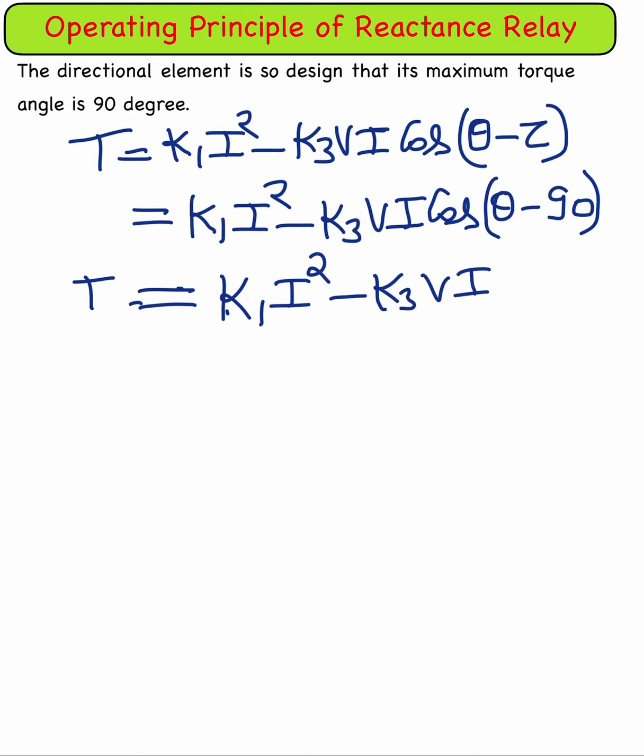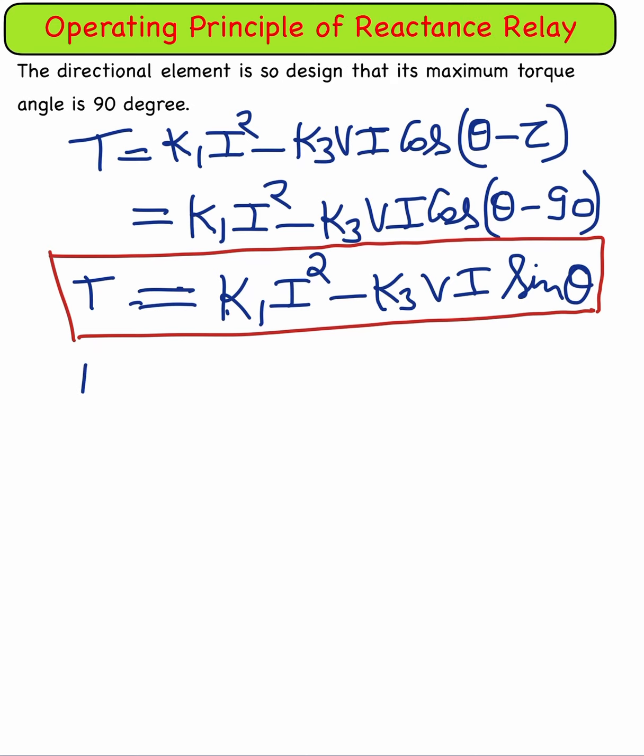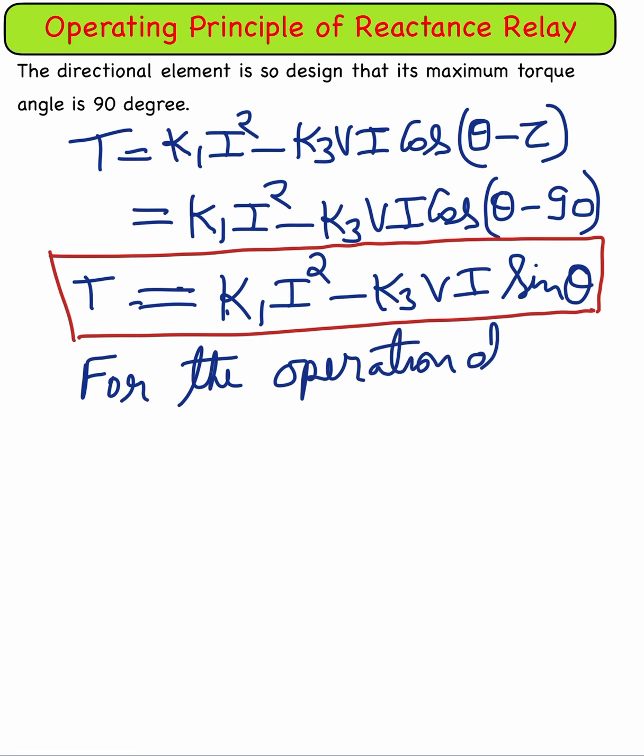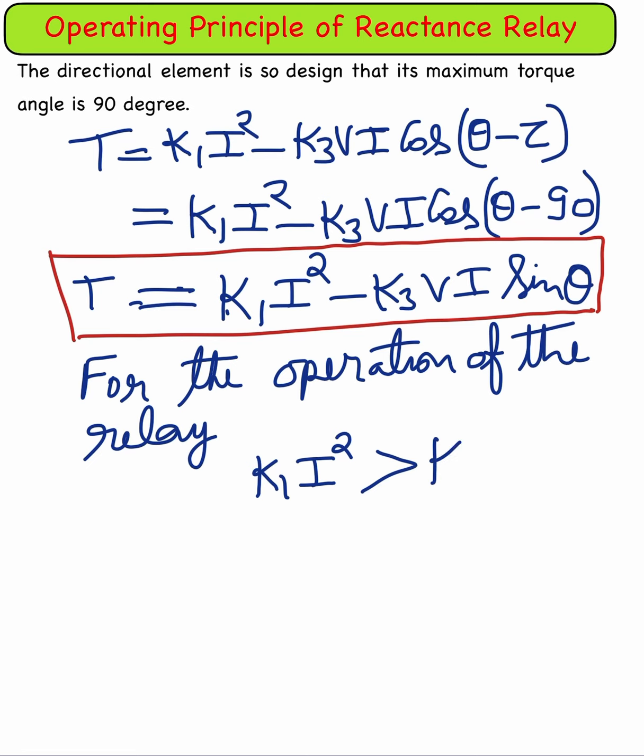So for the operation of the relay, K1 I square should be greater than K3 VI sin theta.